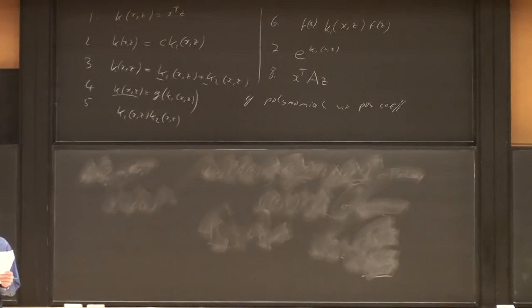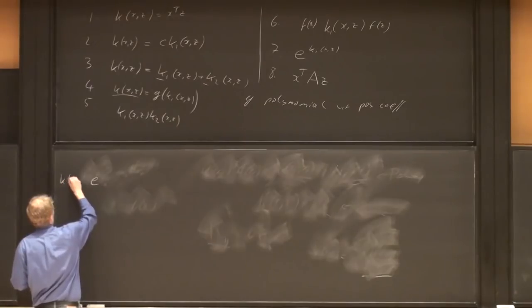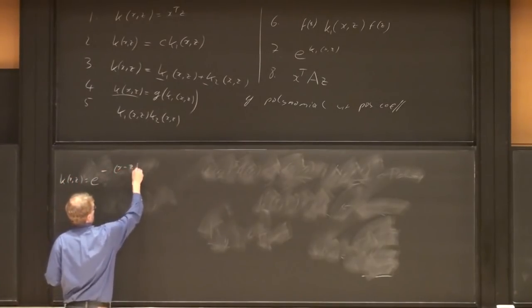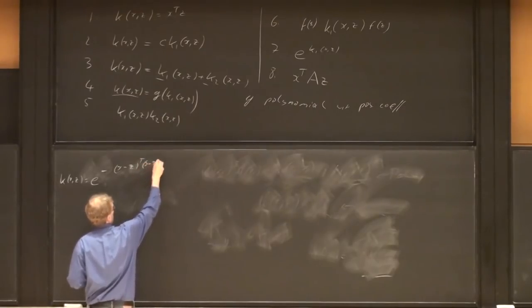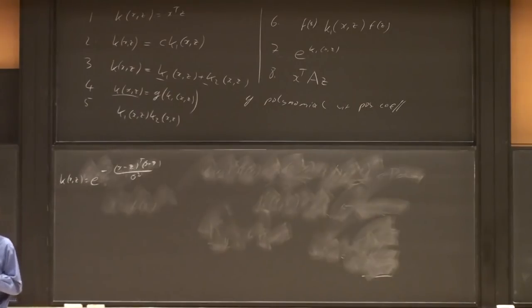Question? So you write x minus y squared, right? Does that mean the norm of x minus y squared? Yeah, so it's basically right, k of x, z equals e to the minus (x minus z) transpose (x minus z). That's the RBF kernel.